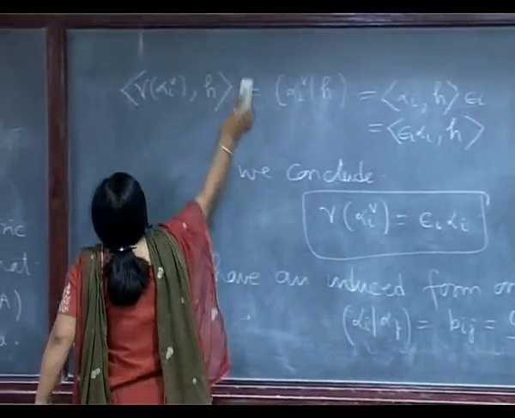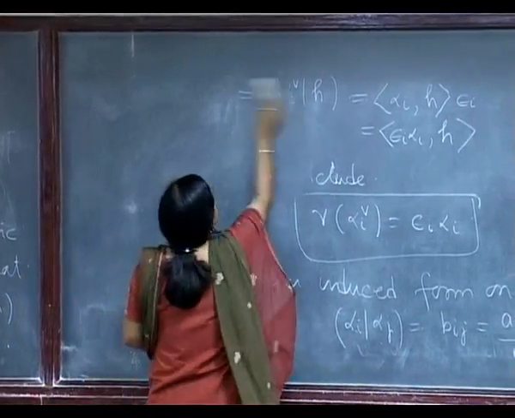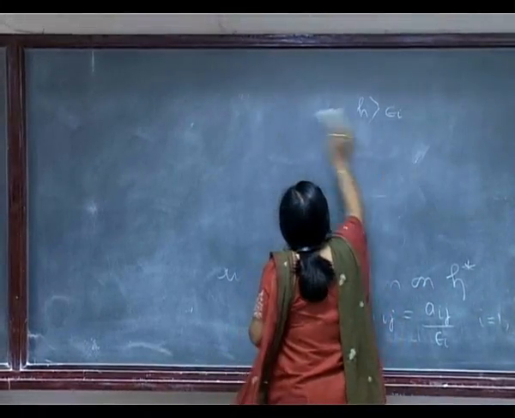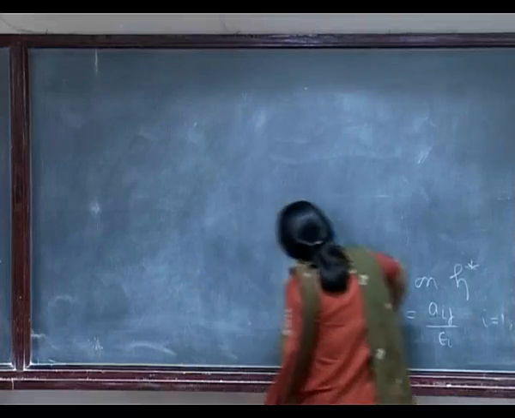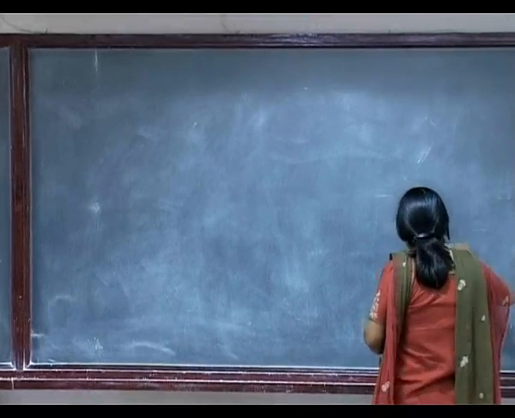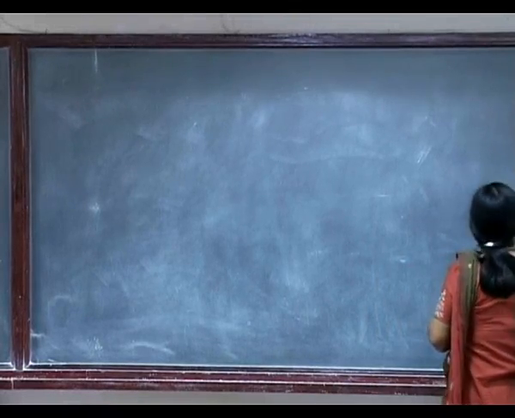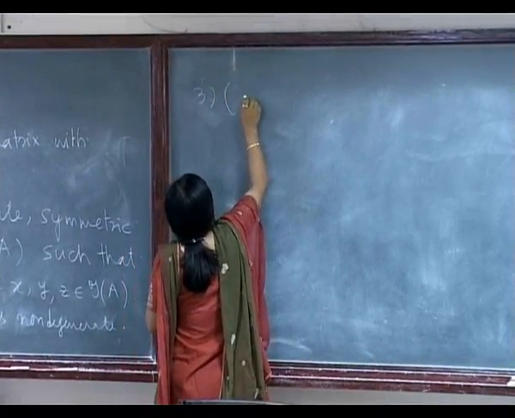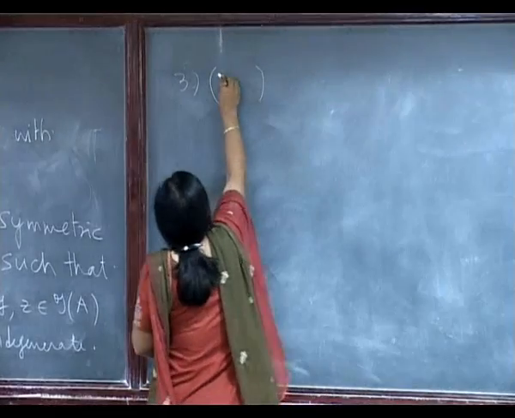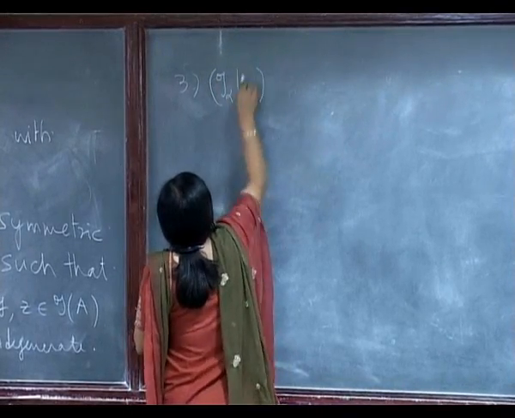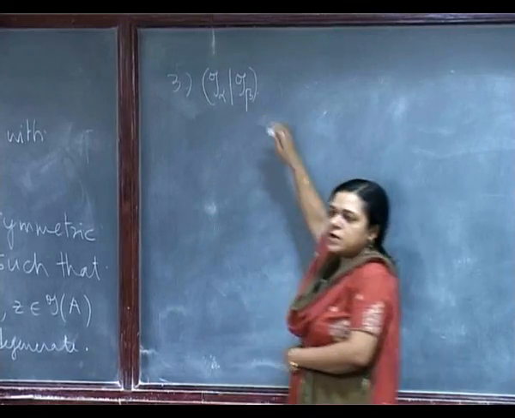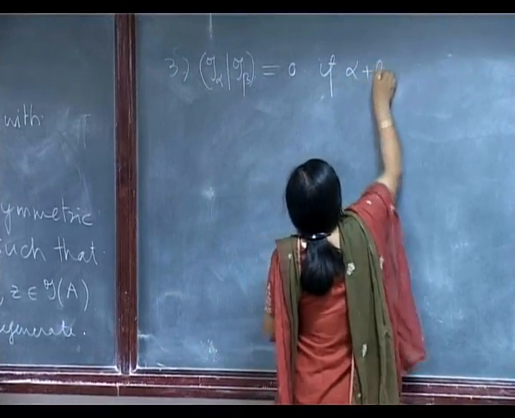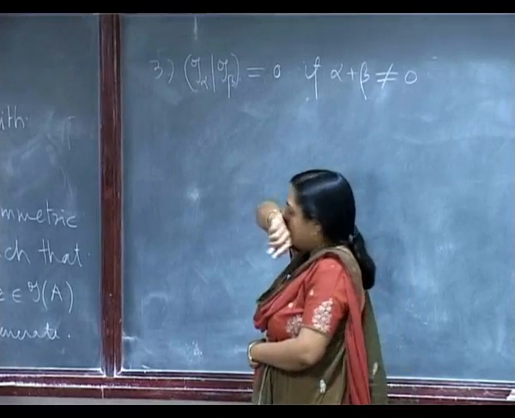And there are one or two more properties. The third property is that this bilinear form of an element from G alpha and an element from G beta is equal to 0 if alpha plus beta is not equal to 0.